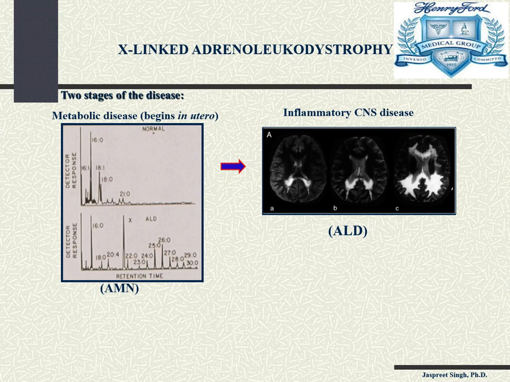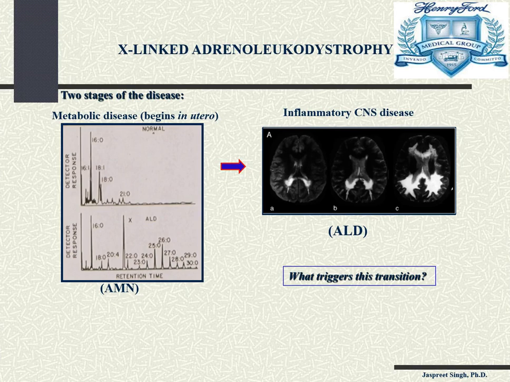This inflammatory portion of the disease is most common in children ages 5 to 12, and so most of them will die before the age of 12 once the disease initiates in the CNS. Whereas the AMN patients live up to 40, 50 years of age, and the only pathology in them is seen in the spinal cord, distal axonopathy. So they have mild motor dysfunction at later ages.